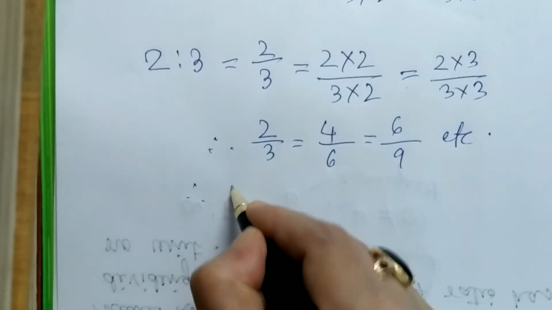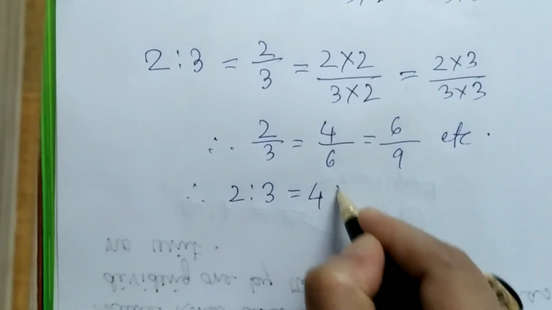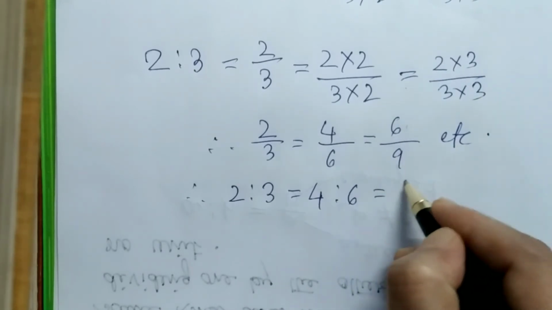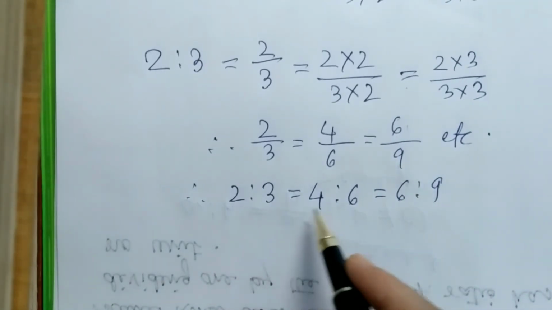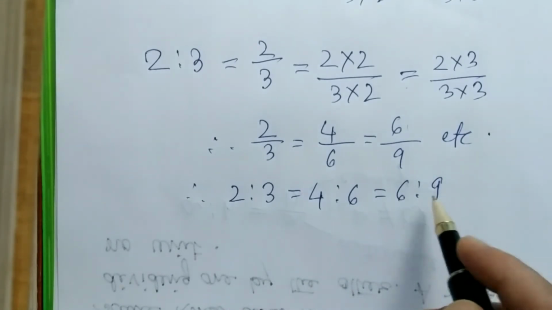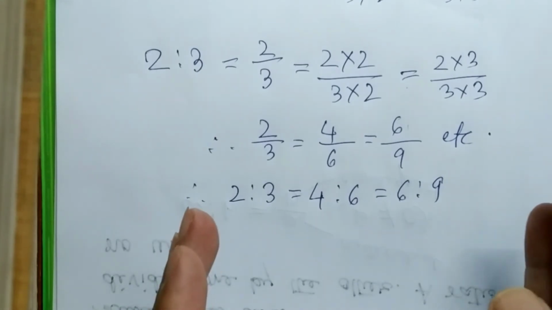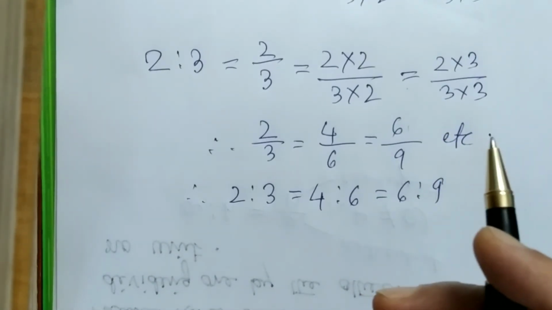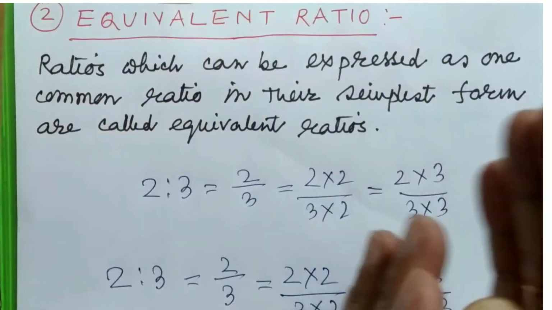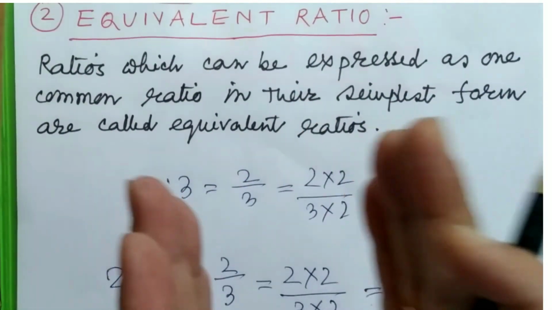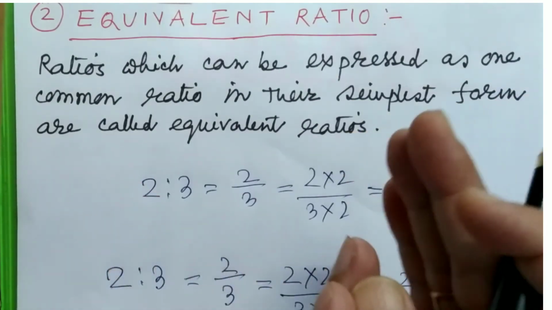Hence, what have we got? 2 is to 3 is equal to 4 is to 6 is equal to 6 is to 9. These, 2 is to 3, 4 is to 6, 6 is to 9, are called equivalent ratios. So here is the definition of equivalent ratio: ratios which can be expressed as one common ratio in their simplest form are called equivalent ratios.